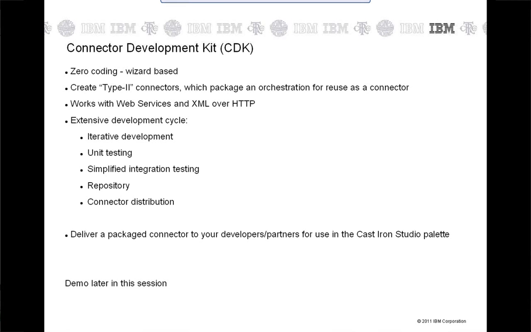Means XML is the data model, and the application should expose HTTP or HTTPS or web service. I'll be talking in more detail about this connector development kit when I show the demo using the slides.